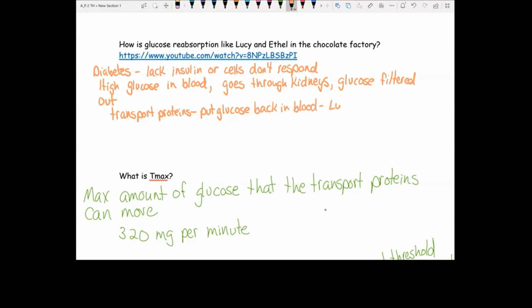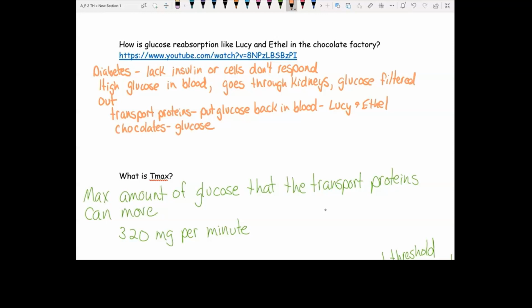So they are like Lucy and Ethel. So Lucy and Ethel are the transport proteins. They're grabbing the glucose, they're putting them back into the blood. The chocolates are the glucose.